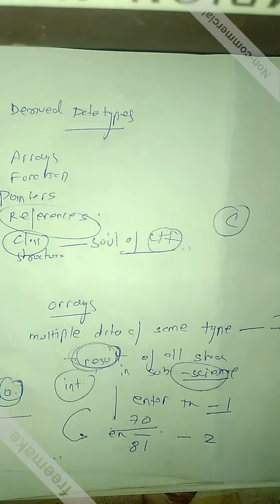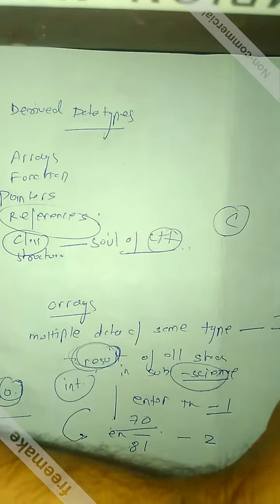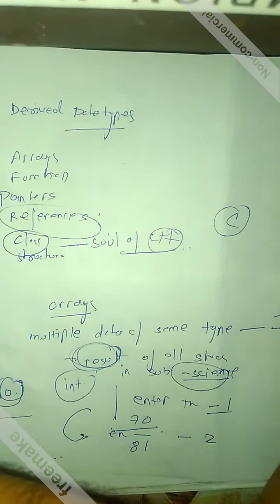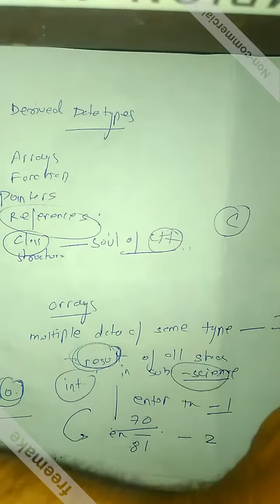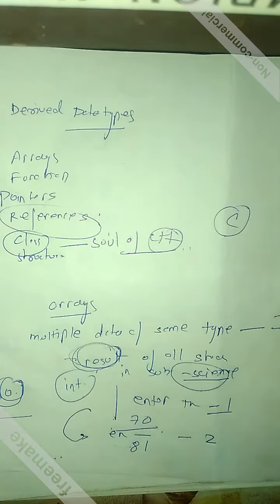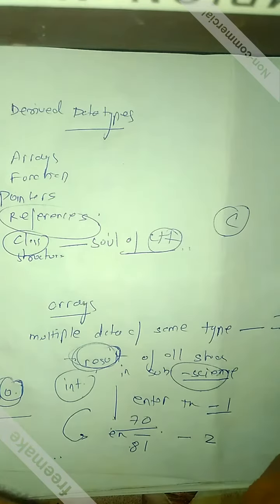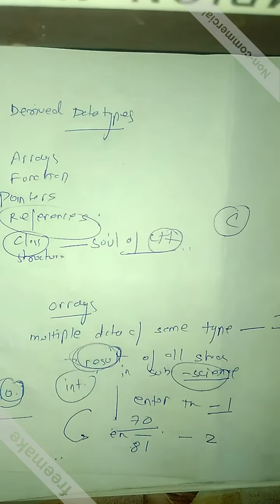Instead of creating 40 boxes with a single location in each box, we create a single box with 40 locations.